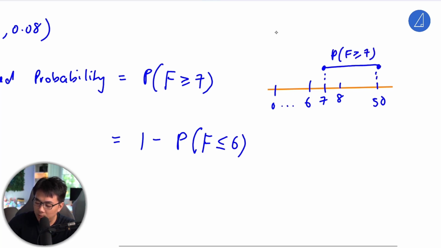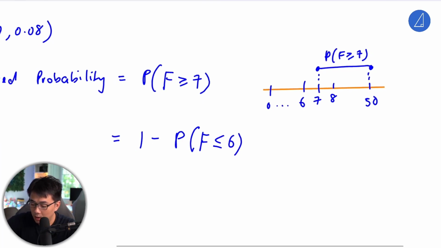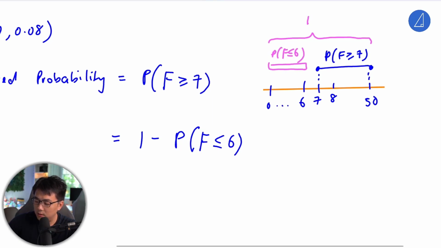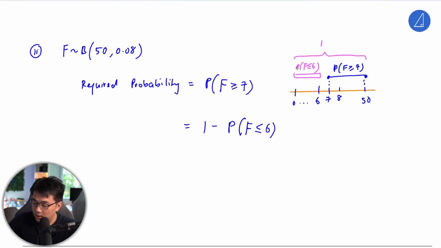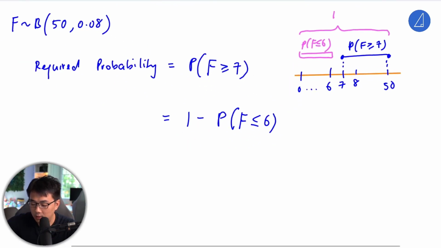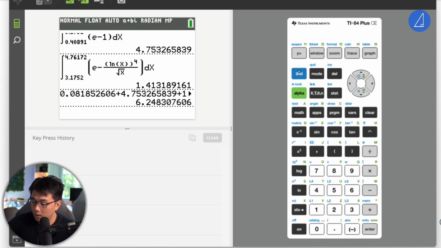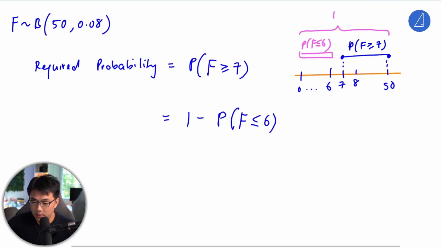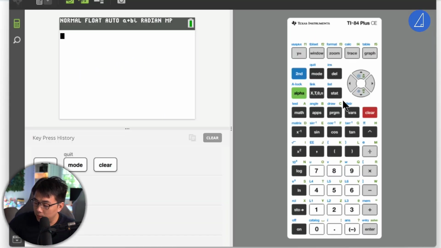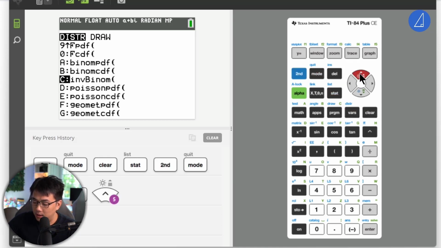So we take 100%, which is here, 1 minus this guy here, which is P(f ≤ 6). Okay, just remember that. Key in calculator, we'll see what we get here. So what I'm going to do is go to stats, second distribution, and then I'll go to binomial CDF.